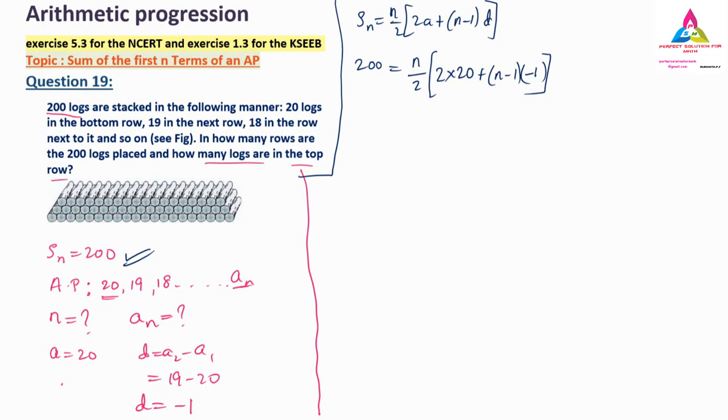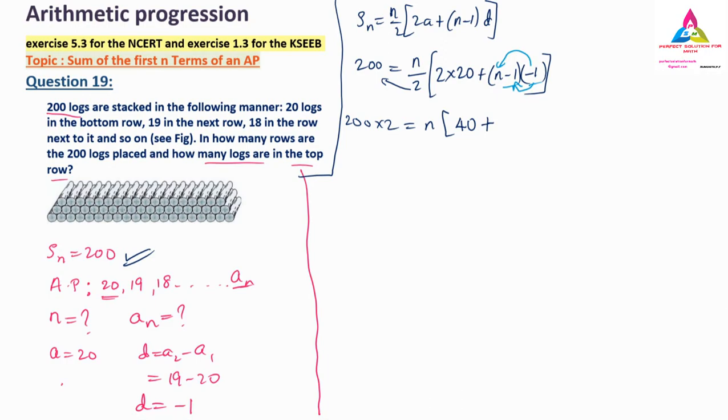So this 2 we can shift to the other side, by division. What will happen? 200 into 2 is equal to n times 2 into 20, which is 40, plus, see here, n minus 1: we can't subtract 1 from n. So what we will do is multiply this minus 1 with the n and also with the minus 1, because this minus 1 is outside, so we have to multiply it for both.